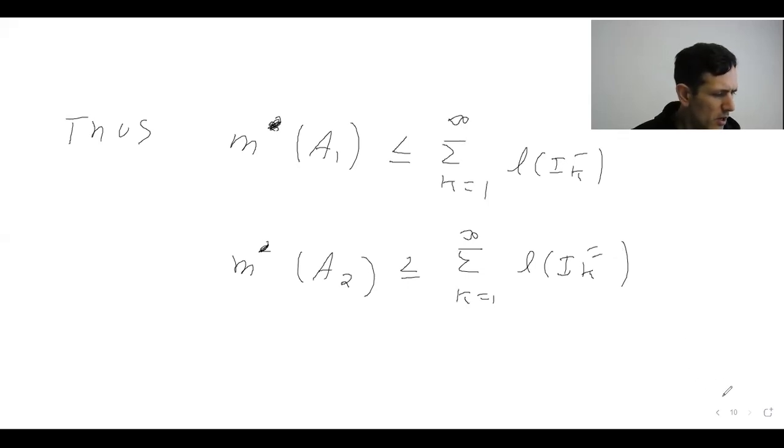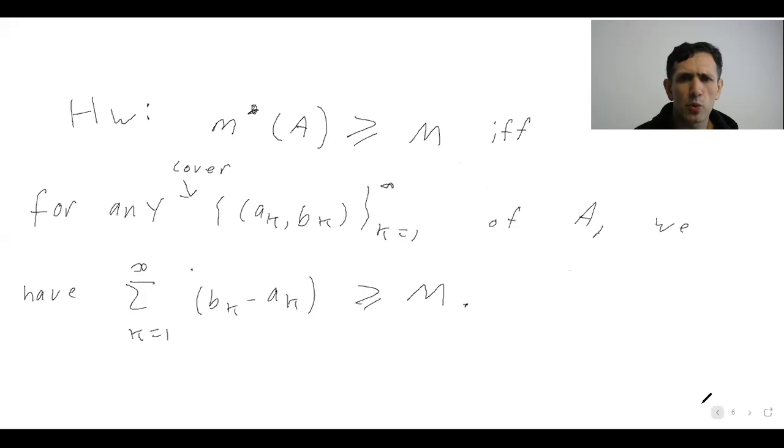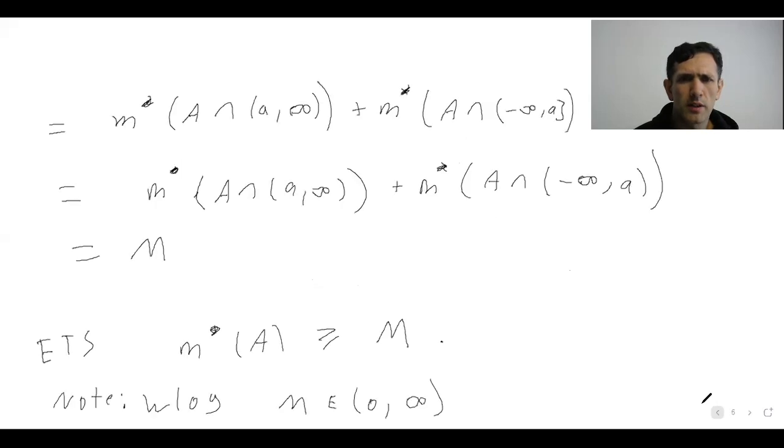Okay, so remember what we're trying to prove. We just defined this as A1, and we just defined this as A2. Let me make sure I get my A1s and A2s.